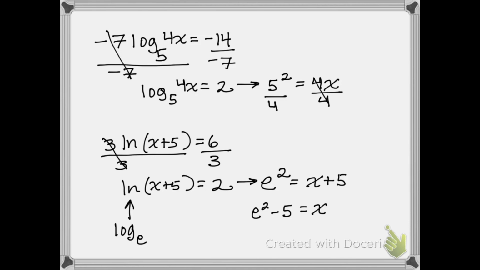There's nothing else that we want to do with that. I suppose you could be asked to find a decimal approximation, rounded to a specific number of significant digits, but here I'm just going to leave this as e squared minus 5.